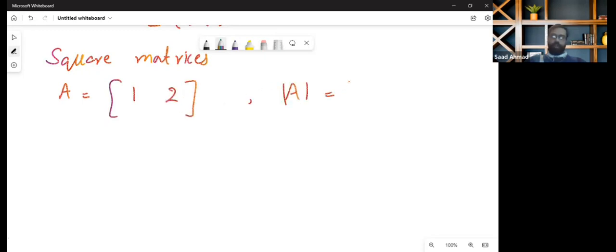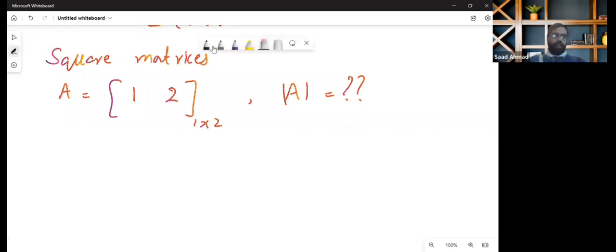You cannot do this. Why? Because this is a 1 cross 2. It's not a square matrix. The number of rows and the number of columns are not equal. So you can only find the determinant of square matrices.